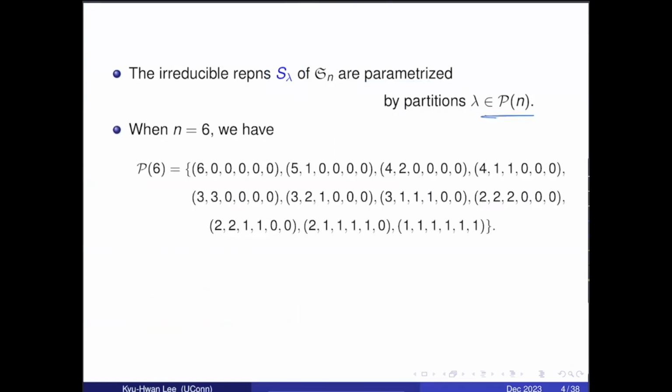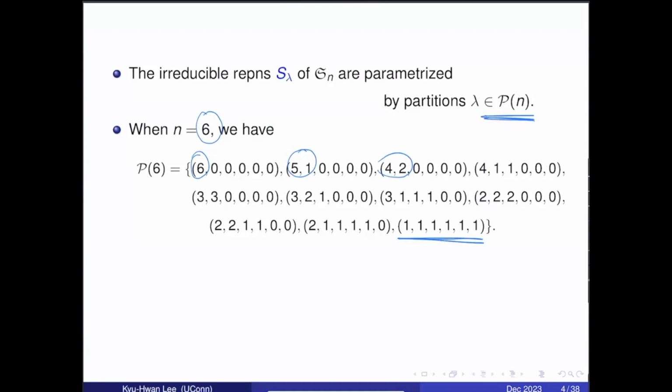A partition of an integer is just a way of writing the integer as a sum of positive integers. So if we consider 6, then just 6 is a partition, or 5 plus 1, or 4 plus 2, etc. Then the last one is 1 plus 1 plus 1 plus 1 plus 1 plus 1.